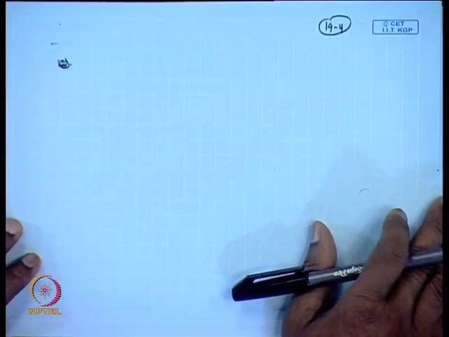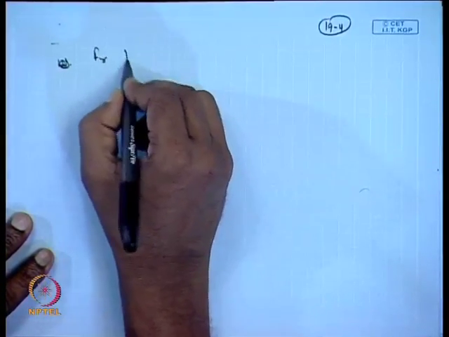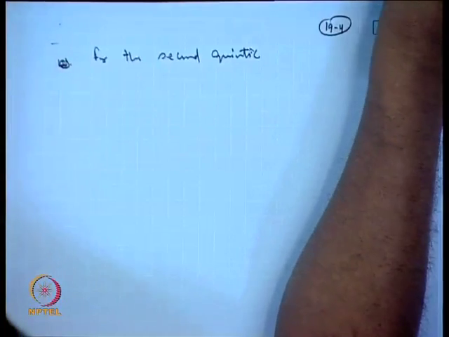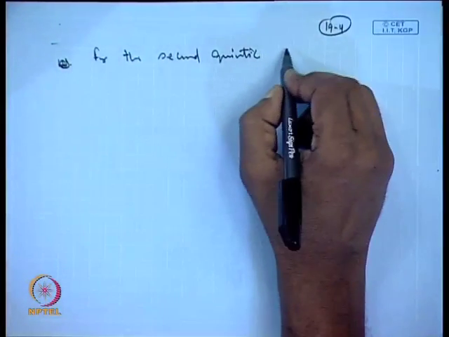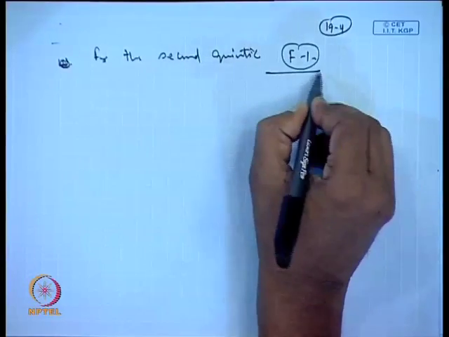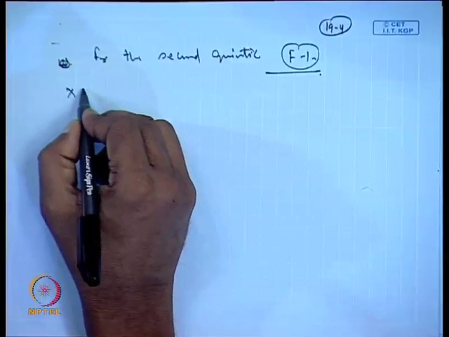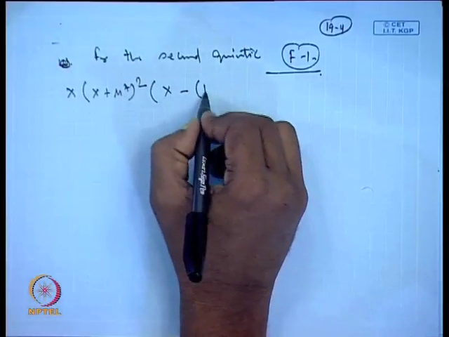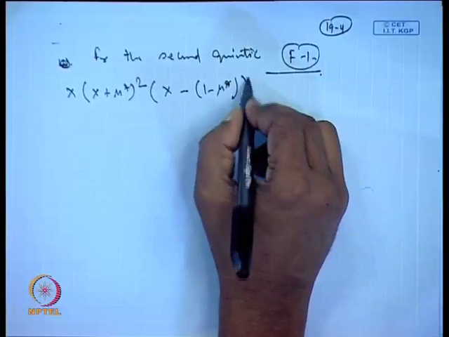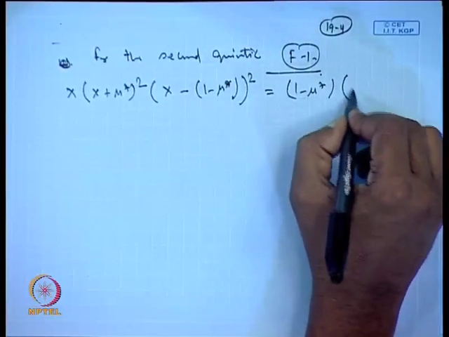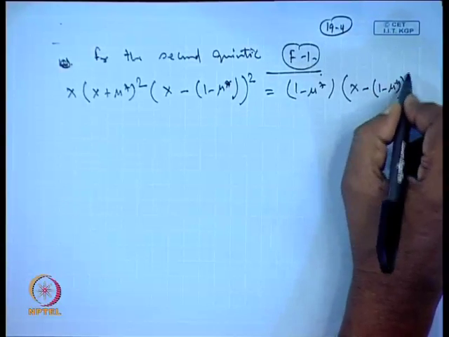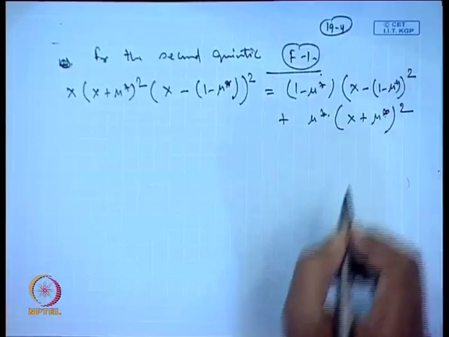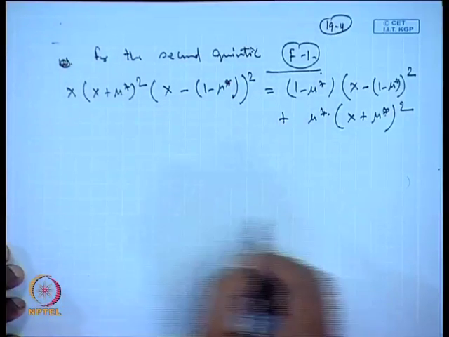Okay. For the next quintic, the second quintic, which we have written as F 1, x is equal to x times x plus mu star square times x minus 1 minus mu star whole square plus mu star whole square.